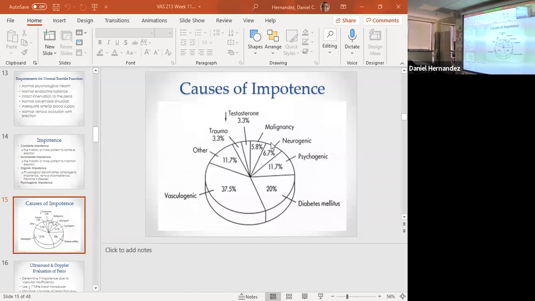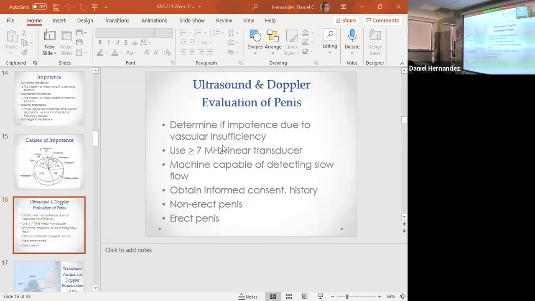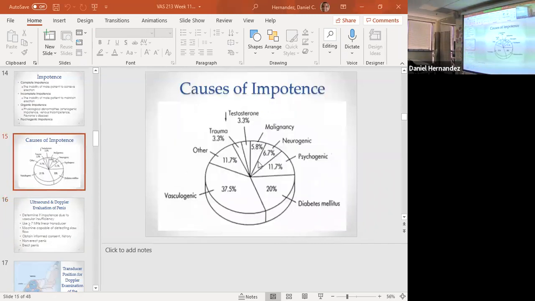Psychologic, neurologic, potentially malignancy. Could be, again, endocrine issues, so low levels of testosterone, trauma, and then other. You can see a large portion of that is going to be vascular in nature, or potentially have vascular causes to it.